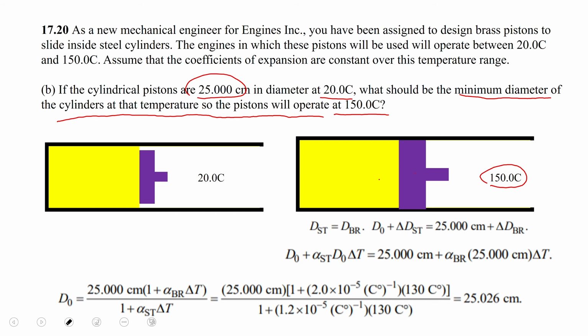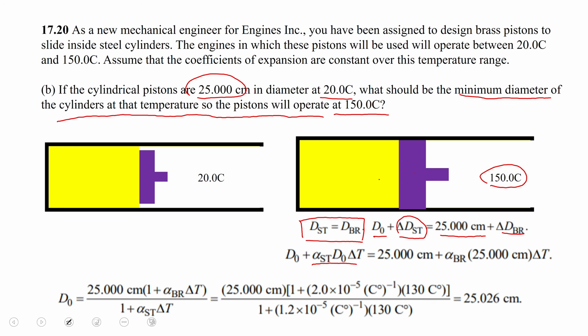Okay, so at 150 degrees C, the diameter of the steel should equal the diameter of the piston. The diameter of the cylinder should be equal to the initial diameter plus the expansion. And the diameter of the brass should equal the initial diameter of the piston, also plus the difference. And the difference of the brass can be solved by using this formula.